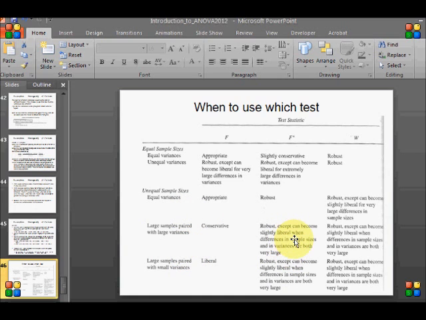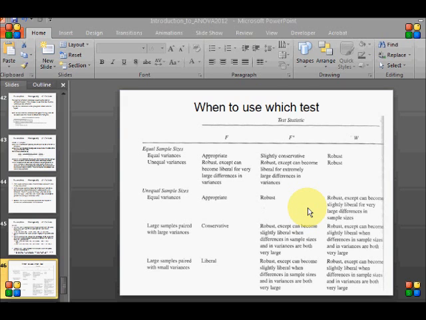Now, you don't want it to become liberal, and that's what you really are guarding against. Again, you have a robust test, except that it can become slightly liberal when certain conditions are met.